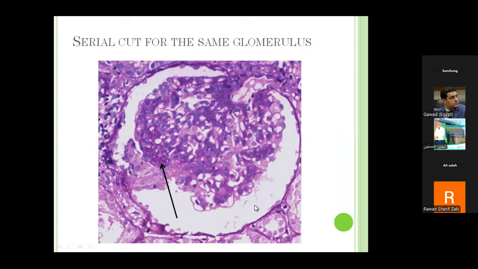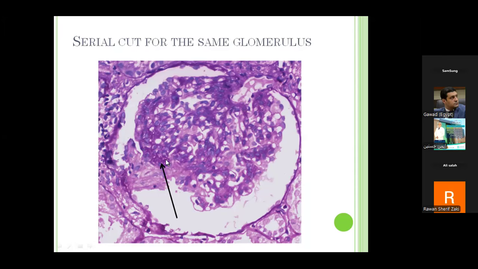Can we choose another choice? Is it an obliteration of the glomerular capillaries? Adhesions are also present, of course, but what else was introduced to the same picture? The answers are between obliteration, scarring, and sclerosis.